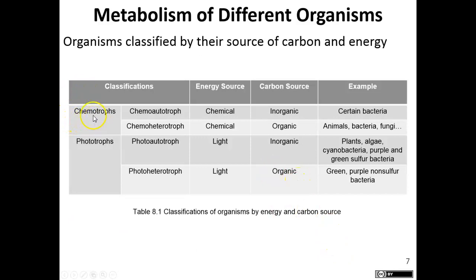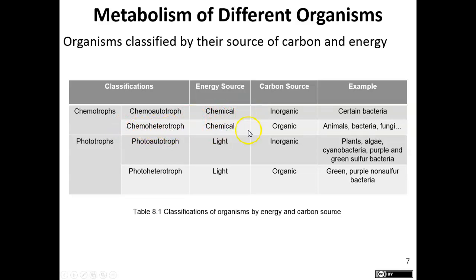So here we have these chemotrophic organisms. They can be chemoautotrophic or they can be chemoheterotrophic. So if you are a chemoautotroph, you gain your carbon source, that's the autotroph, from inorganic carbon, but your energy source is chemical, so an organic molecule.